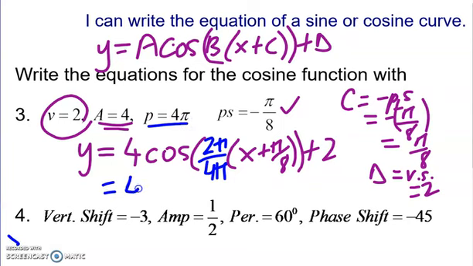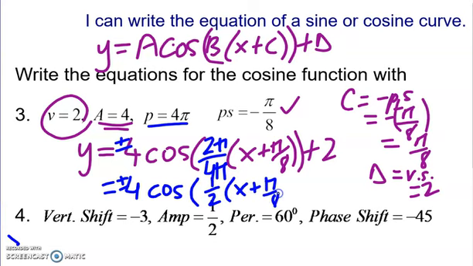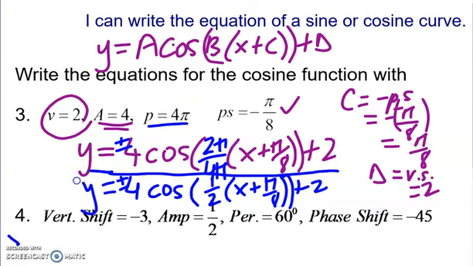So let's just simplify some of this. 2, 4, and remember we're just doing plus or minus because we don't know again which direction things are going in. So plus or minus 4 cosine 2 pi over 4 pi is 1/2. And then I have x plus pi over 8, and this is all plus 2. Okay, so this is my final function in this case.